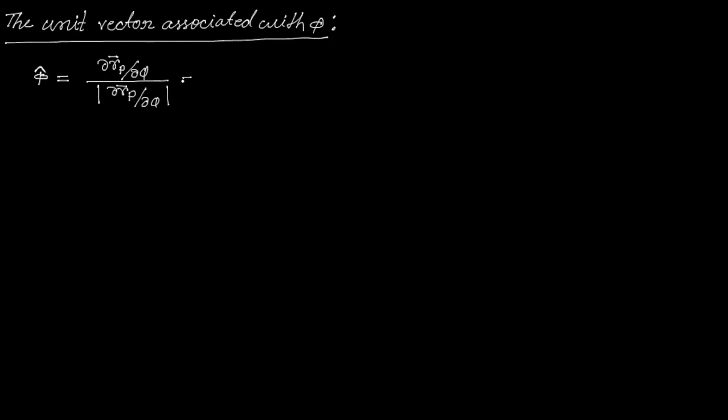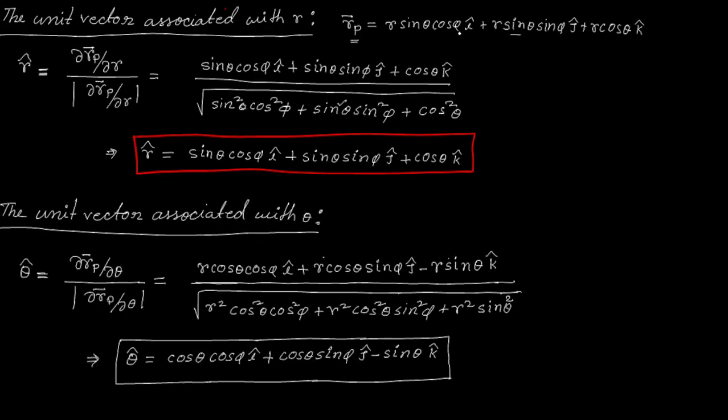Okay, so you have already written rp here. Now what we have to do is differentiate this rp with respect to phi, keeping r and theta fixed. So when we differentiate this rp, we'll get here minus sin phi, we'll get here cos phi, but this term doesn't have any phi term, so this term will give us 0.